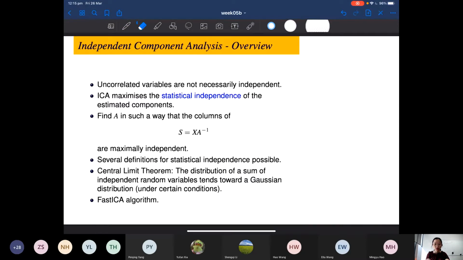Right, so when sources are no longer Gaussian, one thing to know is that uncorrelated variables are not necessarily independent. We just know that they are independent, but they're not uncorrelated. So we want to find A in such a way that the objective, loosely stated, is that the columns of S are maximally independent and minimally Gaussian.